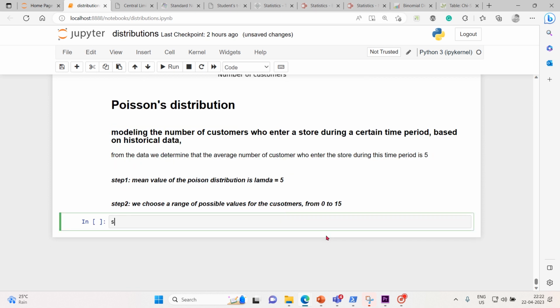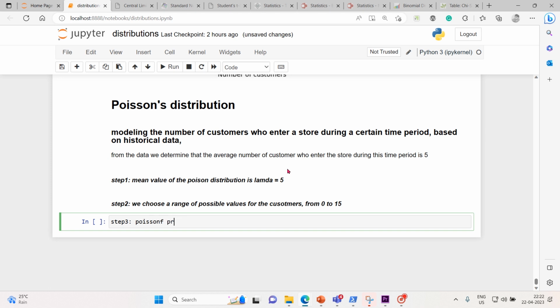Then step 3, for each possible value of the number of customers, we calculate the probability of that value occurring using the Poisson probability mass function.